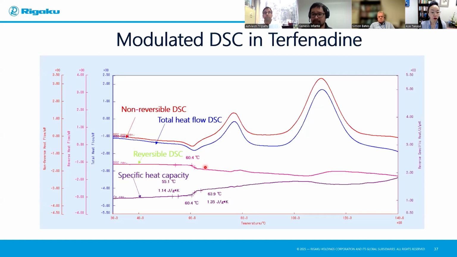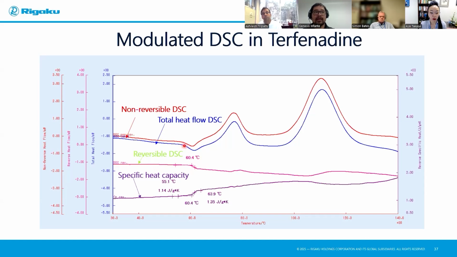Something like a glass transition typically has small peaks and small energies compared to something that is very exothermic or very endothermic. They tend to be covered and overlapped by these other broad signals. So the dynamic DSC offers the capability to separate that. You can see here that the non-reversibles are separated in this red signal, and on this pink signal, you'll see the reversible.